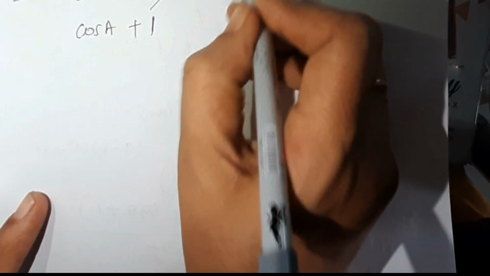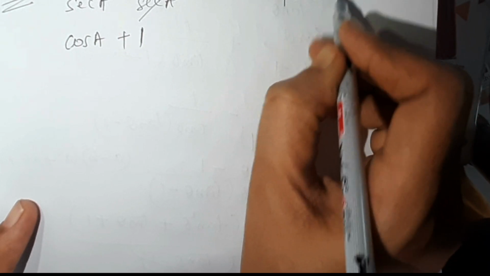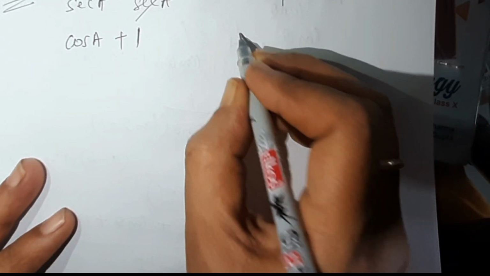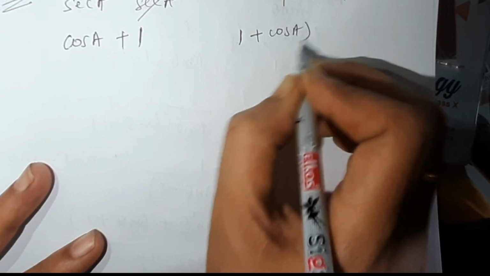Let's start out with RHS. Sin square is there, which we can replace by 1 minus cos square theta. And then the denominator as it is, 1 minus cos a. If a will be there, write down a. If theta is there, use theta only. That is a square minus b square, so we are going to apply identity (a plus b)(a minus b).